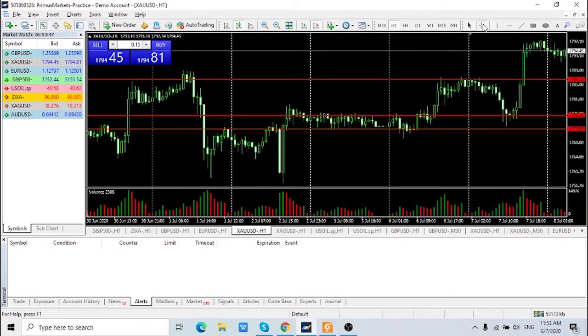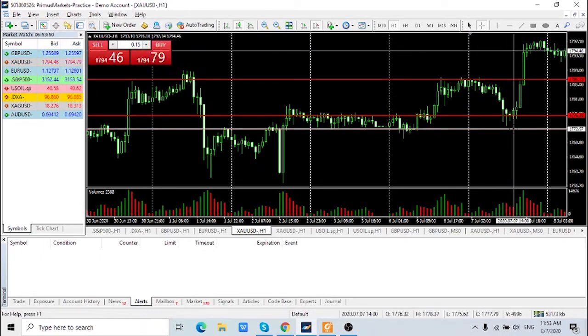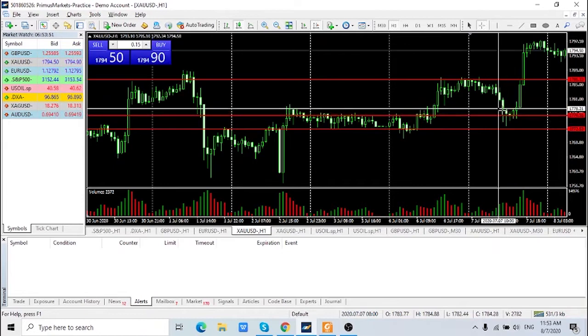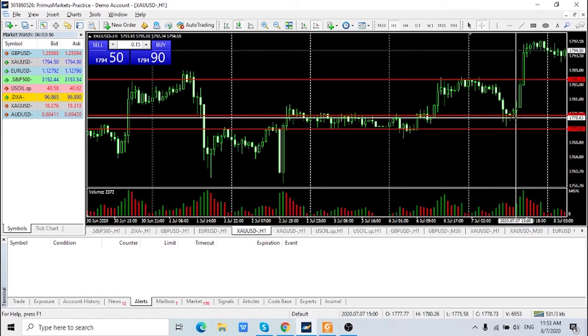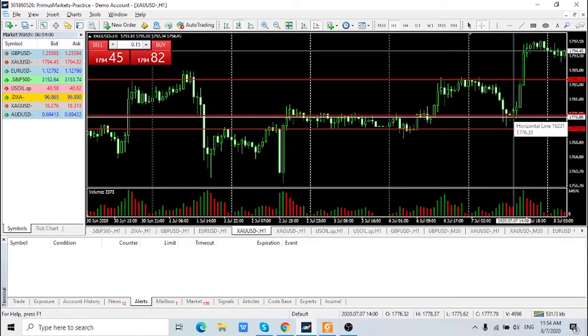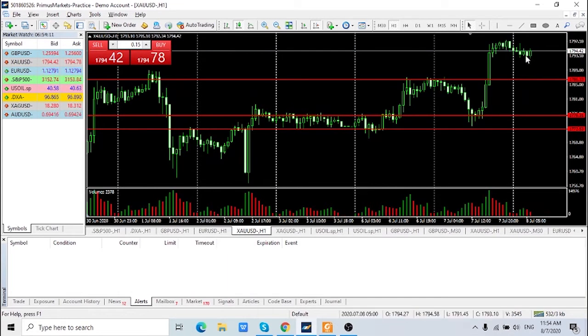Okay, came back down to test this consolidation range, and towards the evening sessions, okay, again at 14 plus 5, which is 19, 7 PM, the gold prices moved up from 1,776 all the way to a high of 1,797. Okay, went up about $21. Currently it's gone a bit quiet.